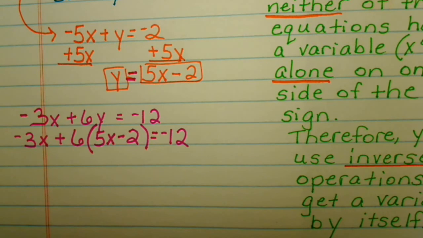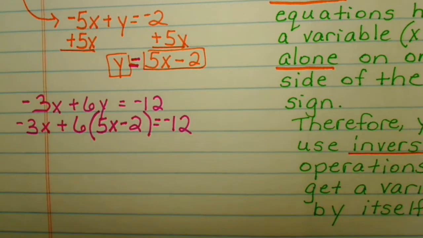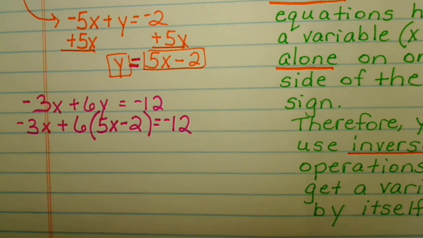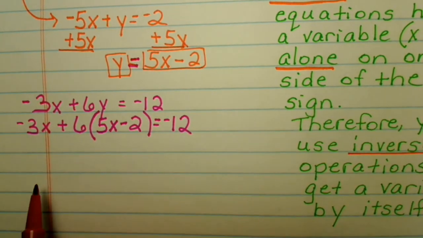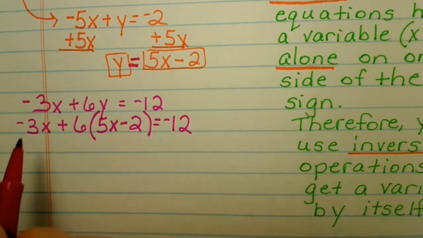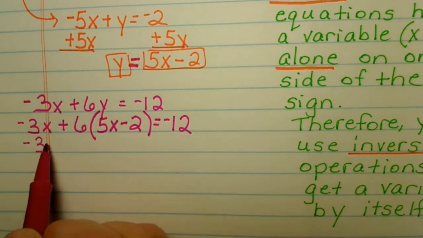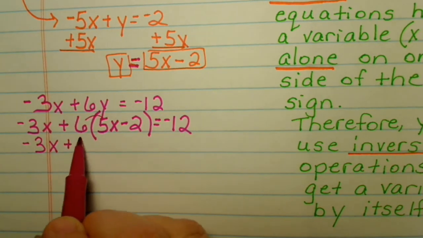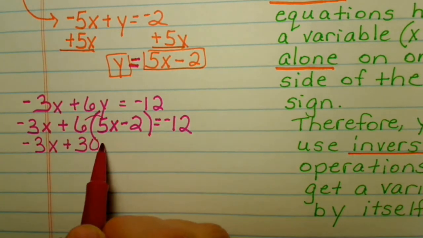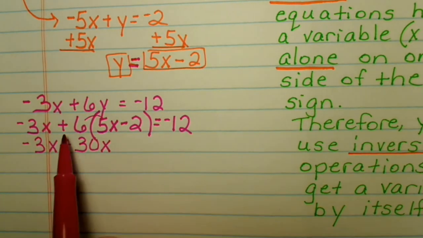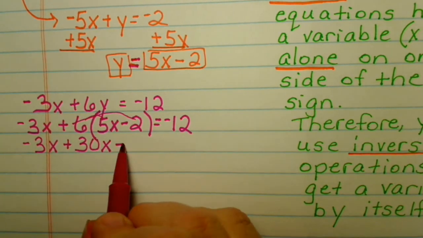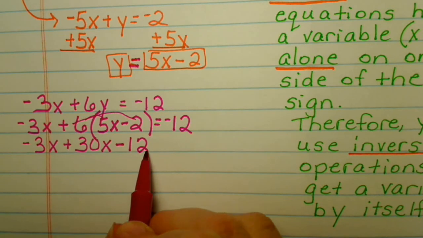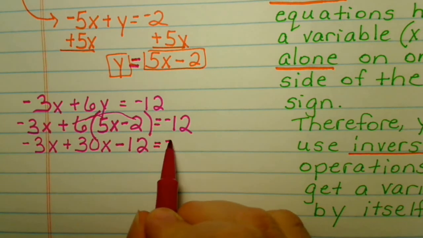Step 3 on the front says solve for the variable following the steps for solving a multi-step equation. So here we go. The first step here would be the distributive property. So 6 times 5 is 30x, and 6 times negative 2 is negative 12, equal to negative 12.